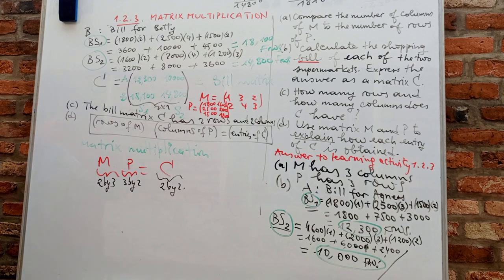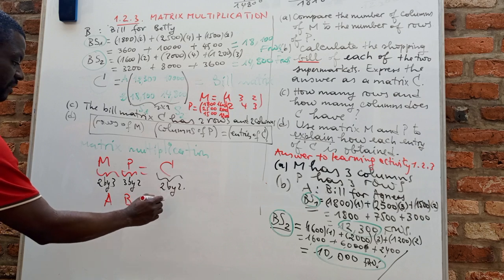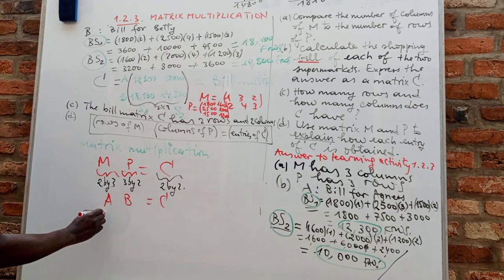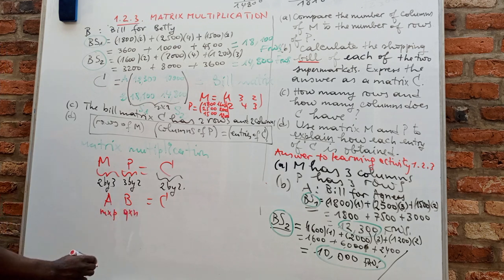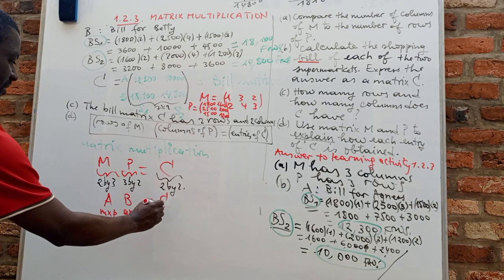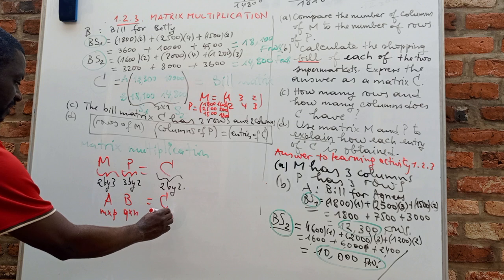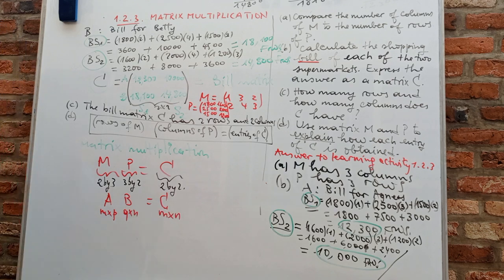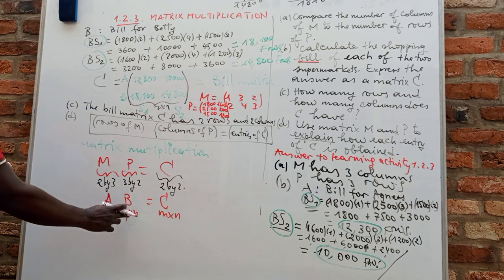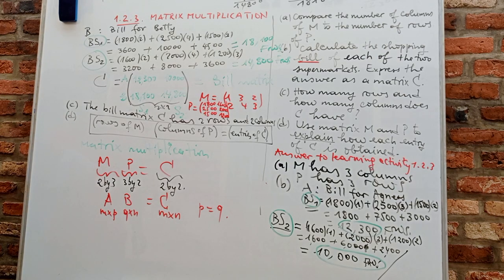In general, if we have a matrix A times B giving matrix C, suppose the first matrix is M by P and the second is Q by N. In order to produce matrix C, it must have size M by N, provided P is equal to Q, otherwise the product is not possible.